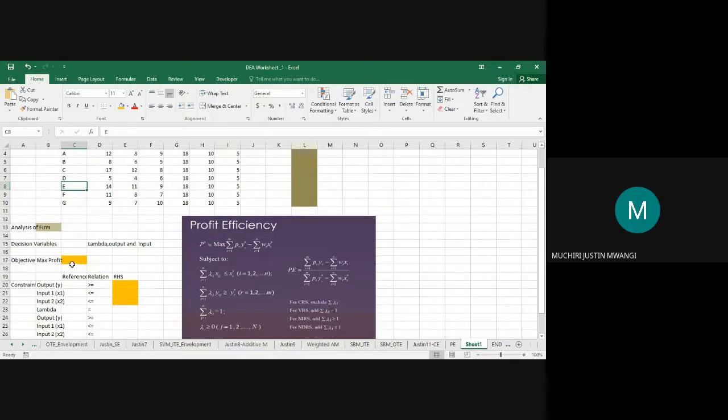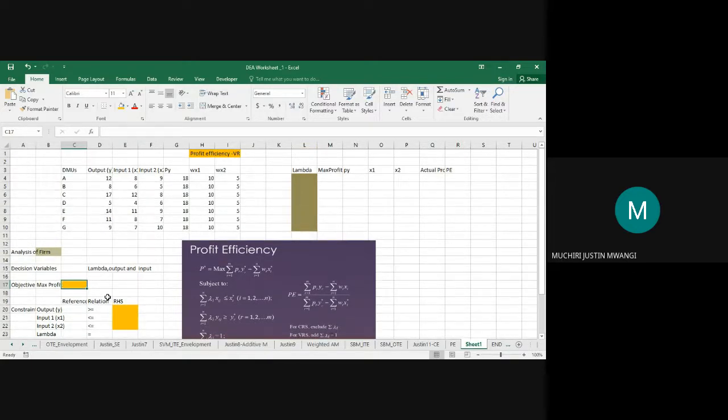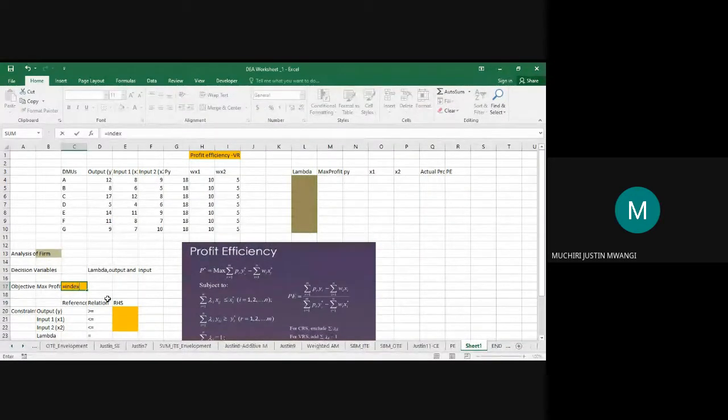So to start it off, we now set the formula for achieving this maximum profit. We're going to index. What we are indexing here is the price of the output. You put a comma.